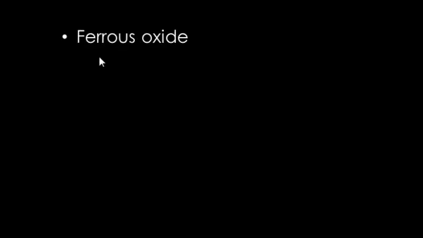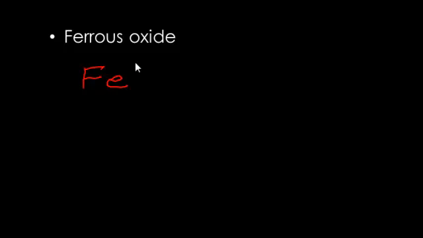Ferrous oxide is the version of iron that has a charge of +2, and oxygen is -2, and it makes a formula of FeO. And I'll show you how to do that in a minute.